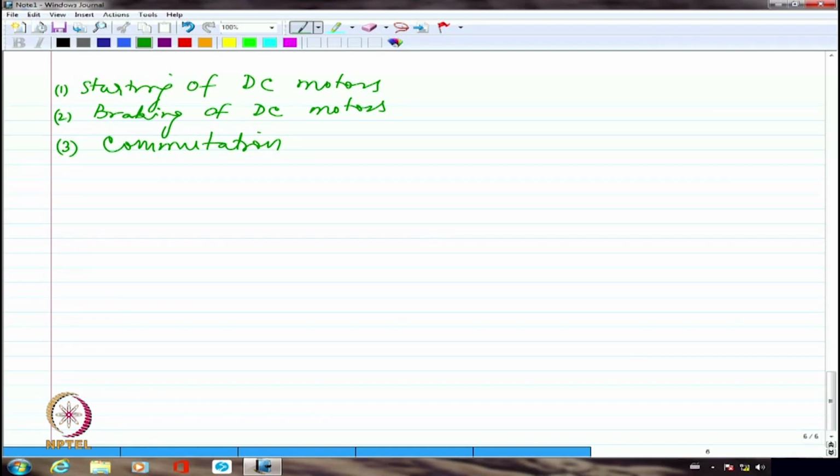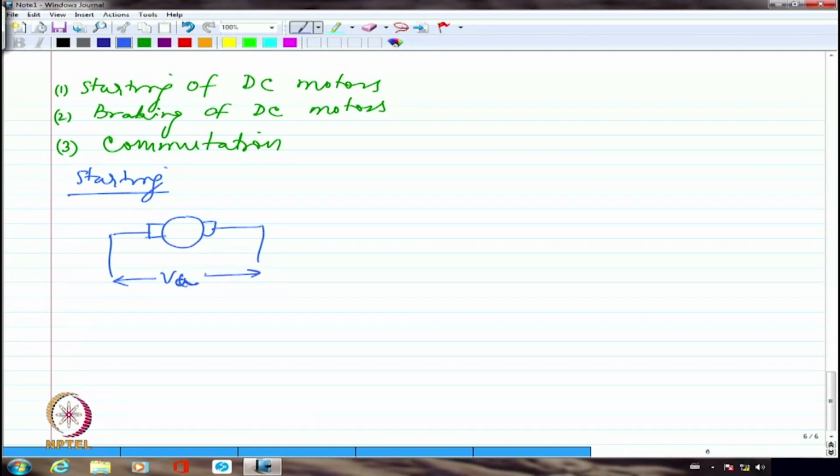But it is quite important for you guys to know that if I try to start a DC motor with full supply applied to the armature without any extra resistance included in the armature circuit, the current is going to be enormously high, because the starting current in the case of a DC motor, if it is a separately excited motor, I am going to simply apply VA here.